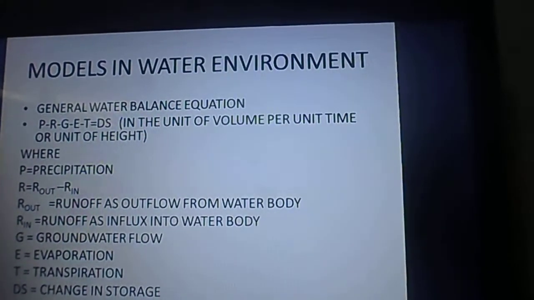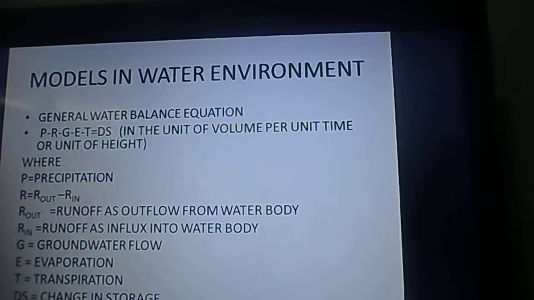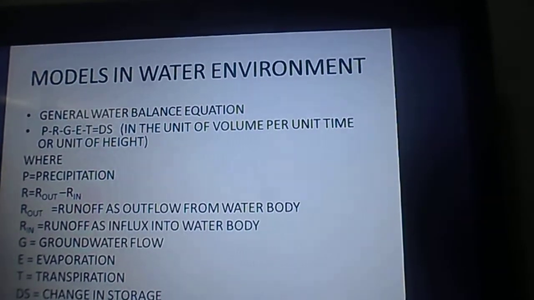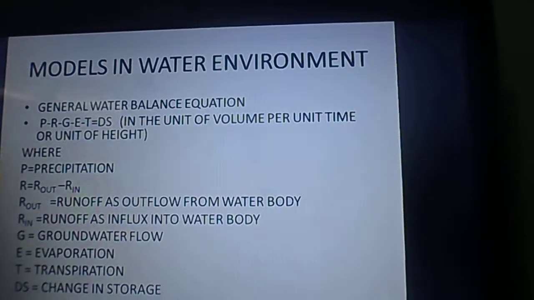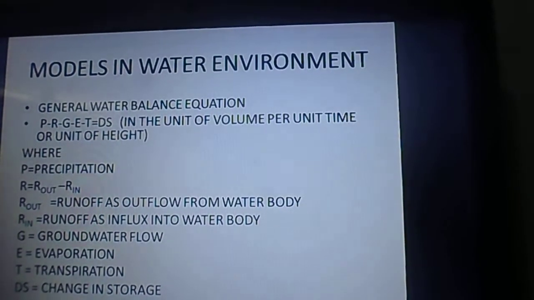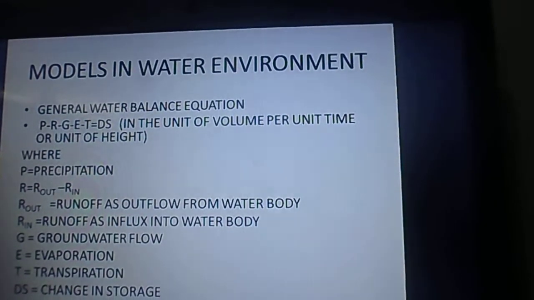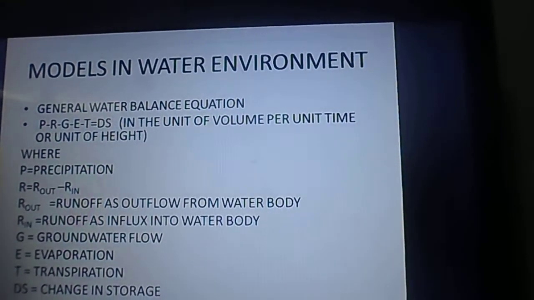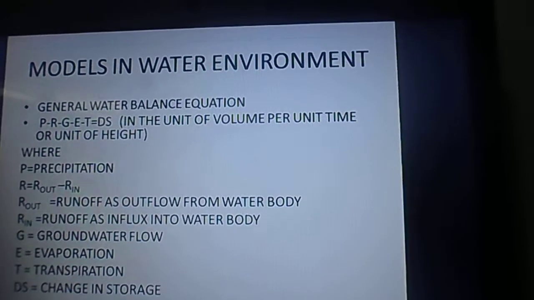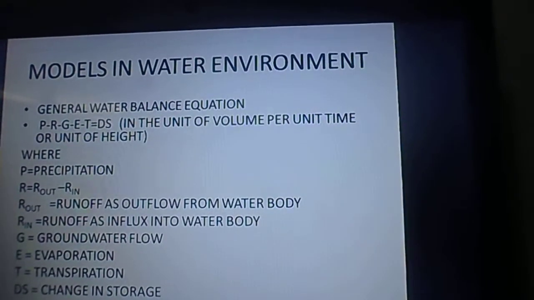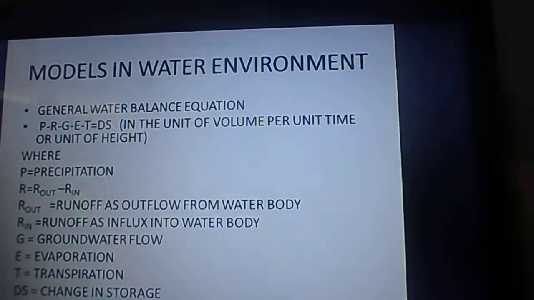A water balance equation can be expressed using the mathematical equation P minus R minus G minus E minus T equals ds, where P is precipitation, R is outflow minus influx, G is groundwater flow, E evaporation, T transpiration, and ds is change in storage.